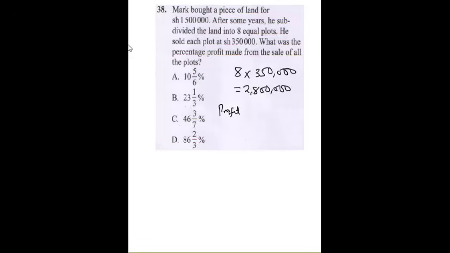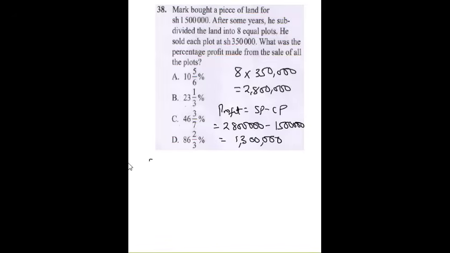Profit is equal to selling price minus cost price, which will be 2,800,000 minus its cost price, 1,500,000. So that will give us, when you do the subtraction of this, you're going to get 1,300,000.